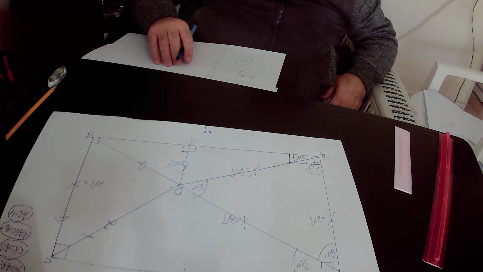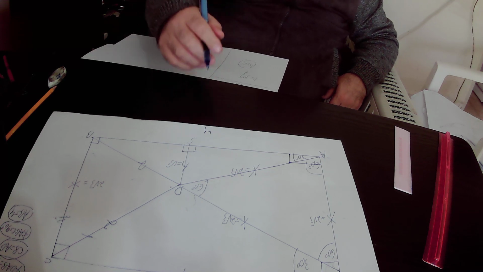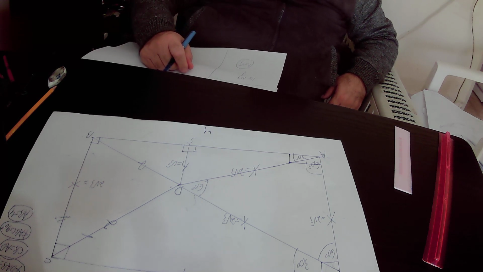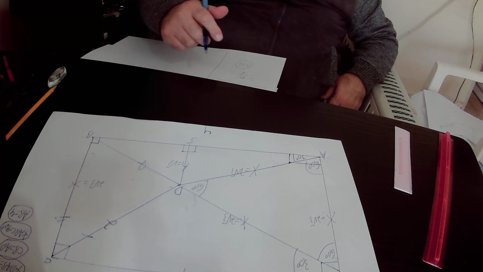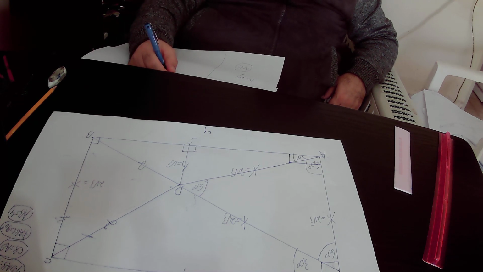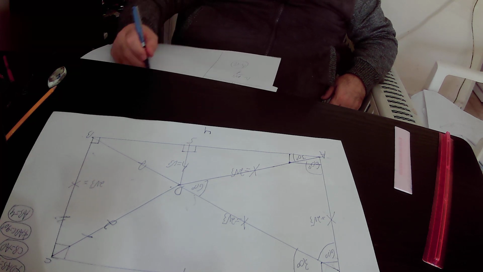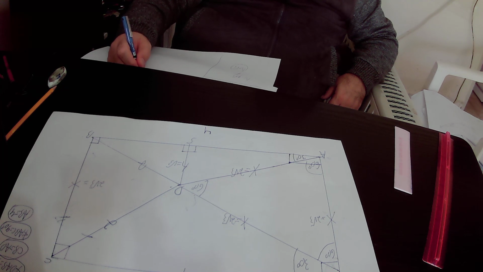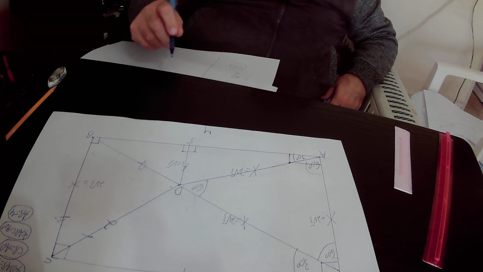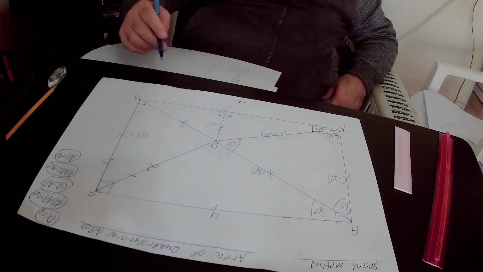So now it is very easy to find out the area of triangle ADB, and before that the area of quadrilateral ABCD will be equal to the area of triangle ADB, this triangle, plus the area of triangle DCB.